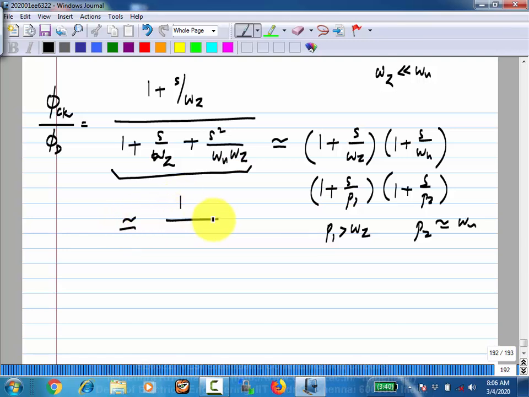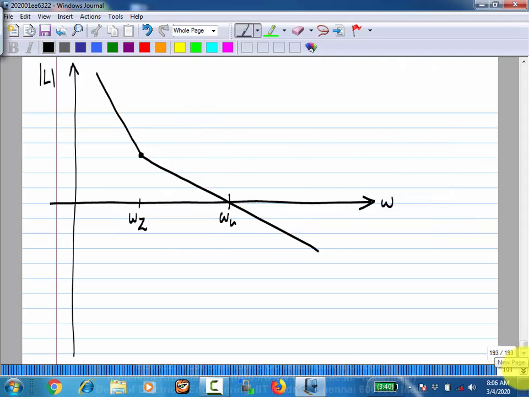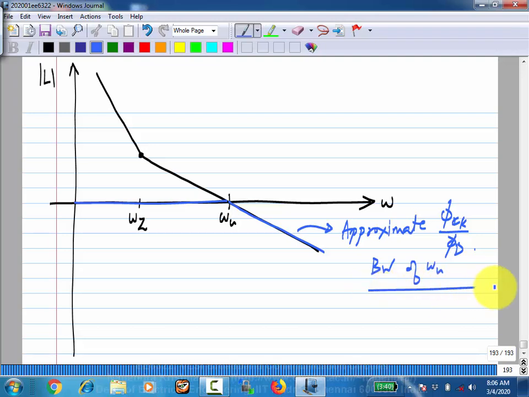This will be just a first order transfer function, and this is what you expect anyway, because this is L and L by 1 plus L would be this, the approximate phi ck by phi d, and it has a bandwidth of omega u radians per second. So that means that any input jitter of less than this frequency will be followed by the clock and data recovery circuit.